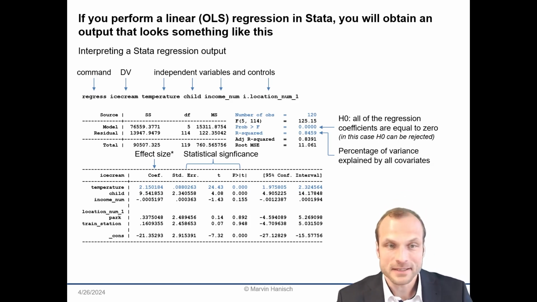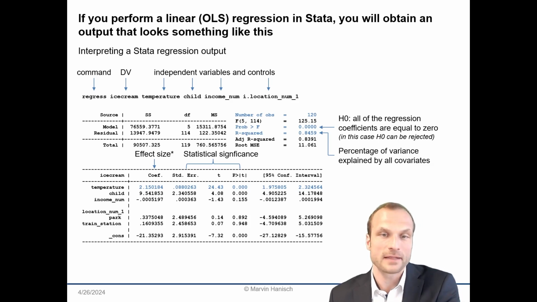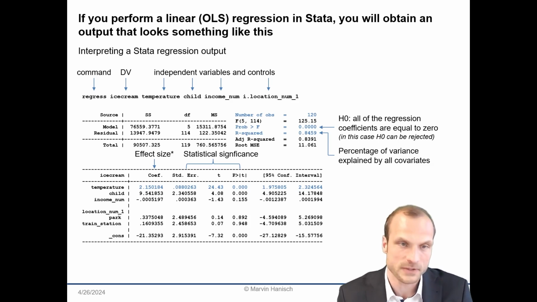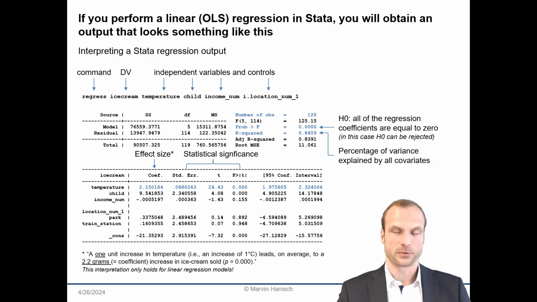And in this case, you should more transition towards interpreting the effect size rather than just looking at the p-value. And you should also have a lower threshold for interpreting significance if you have a large sample compared to a very small sample.